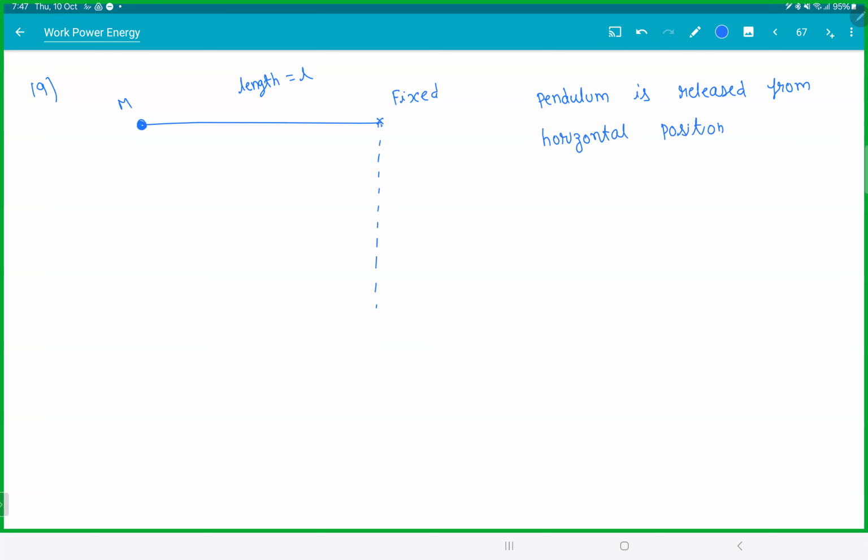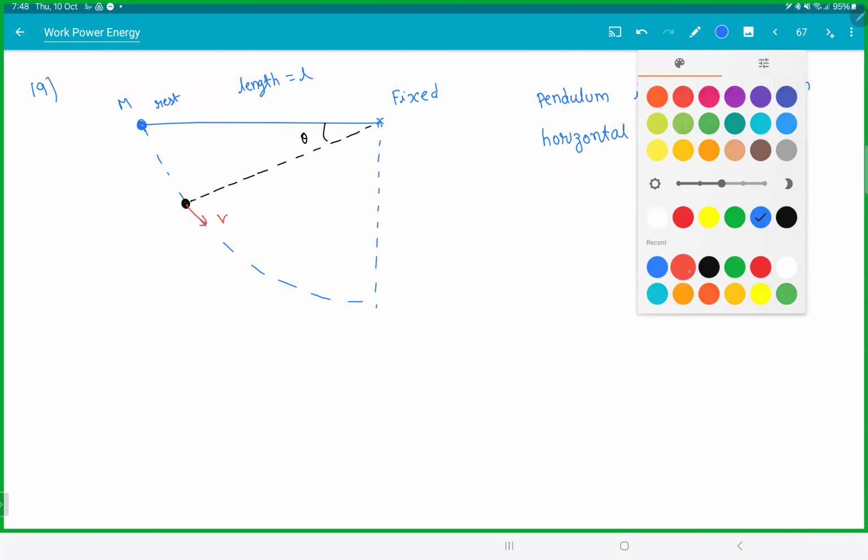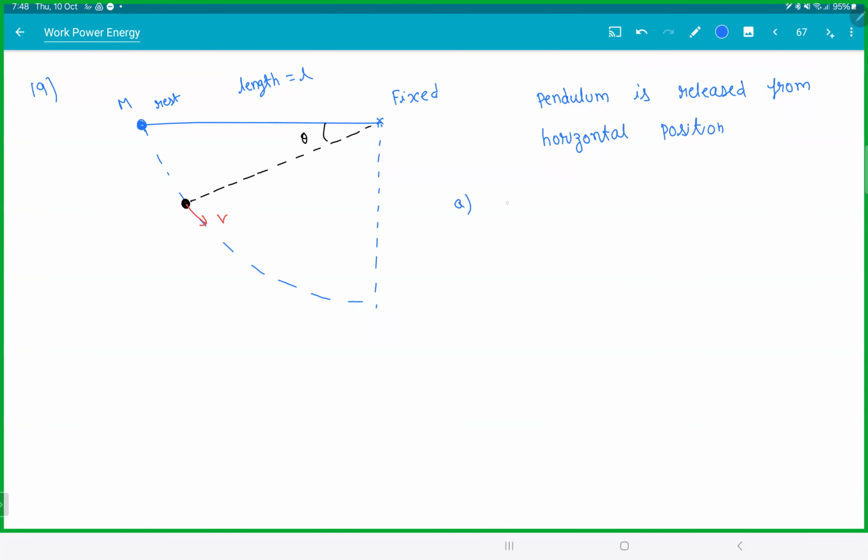So when you do this, what will happen? This will start swinging. After some time, it will come somewhere here, at angle theta. Here it is released from rest, so it must have gained some speed v here. So first question, find speed, A centripetal, A tangential when it rotates by an angle theta.